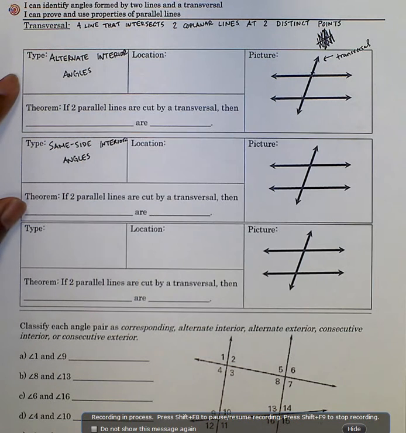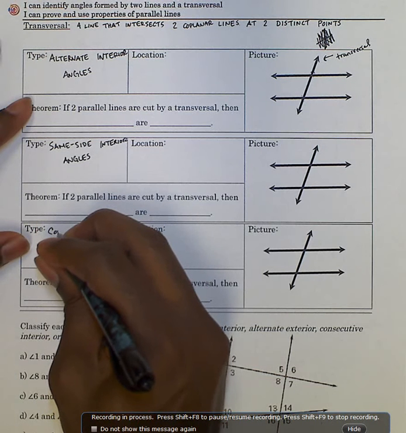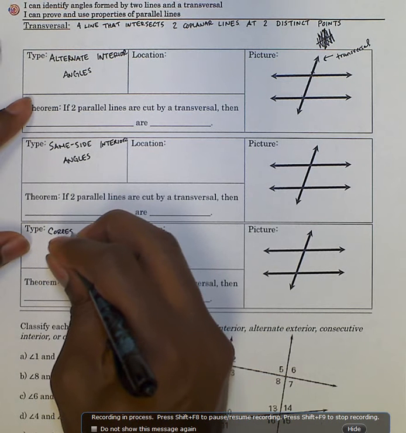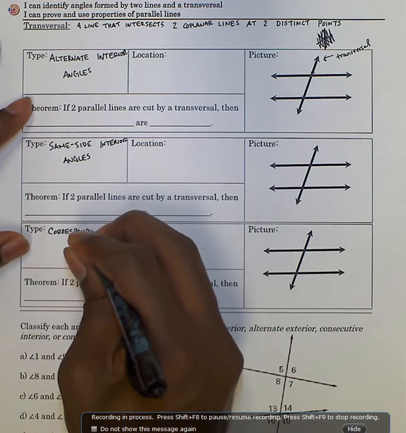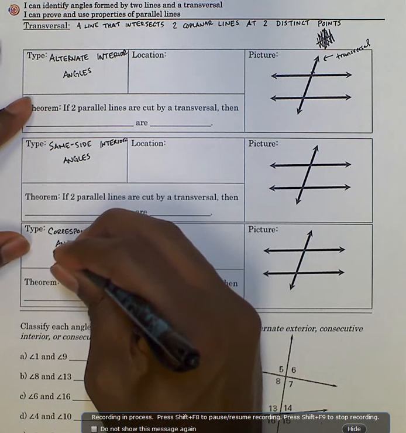And the third pair is called corresponding angles.